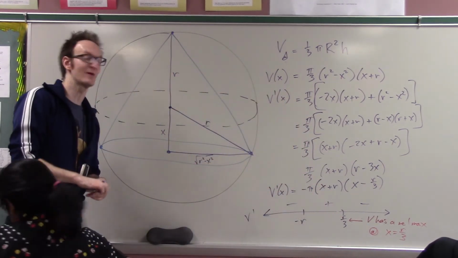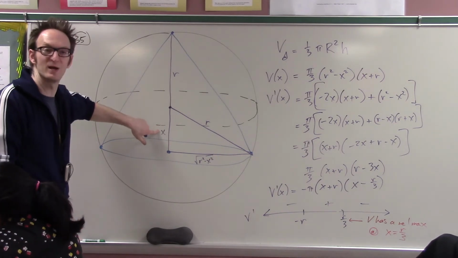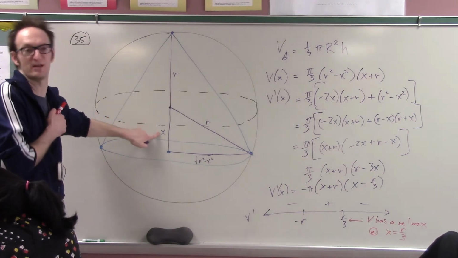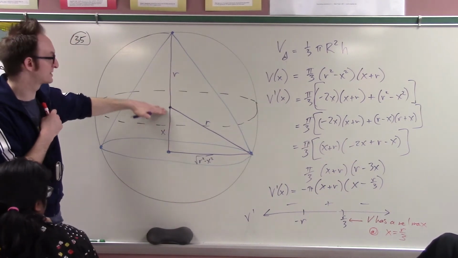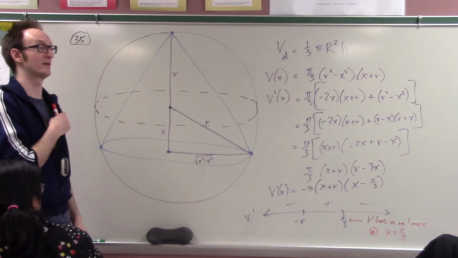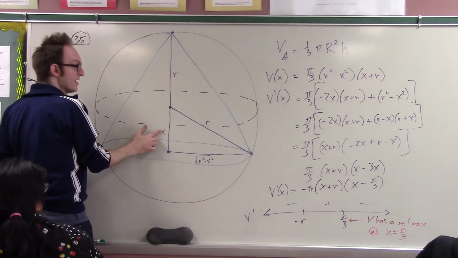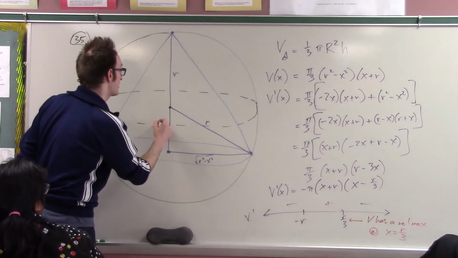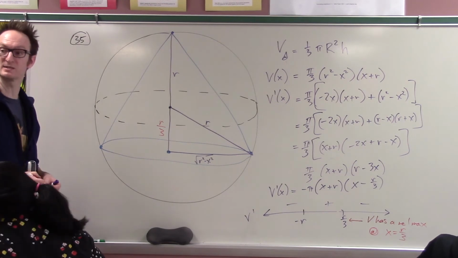So the takeaway from this entire problem is that it was a little bit weird to call this variable x, because we don't usually think of x as something important. X is just the distance below the center of the sphere to the center of the base of the cone. But algebraically, that turned out to be the best variable. Anyway, what I've now learned about that x is when it's 1/3 of the radius, that's when I get the biggest cone.